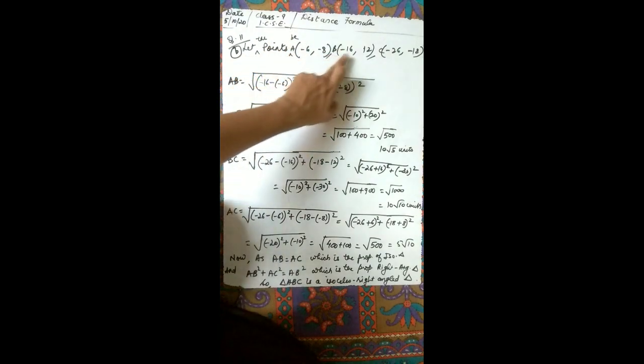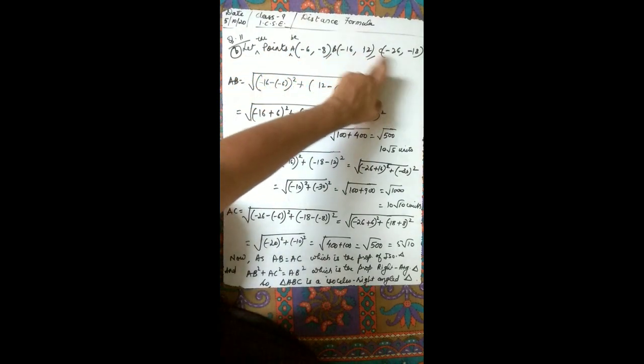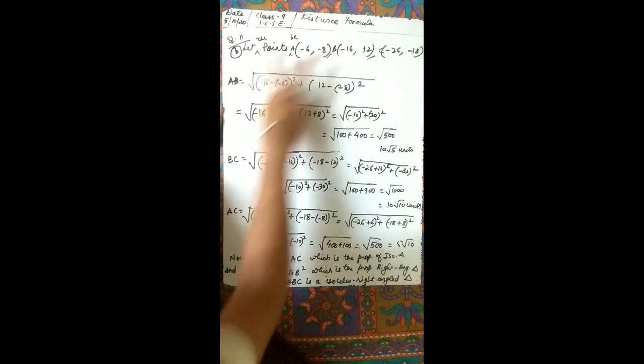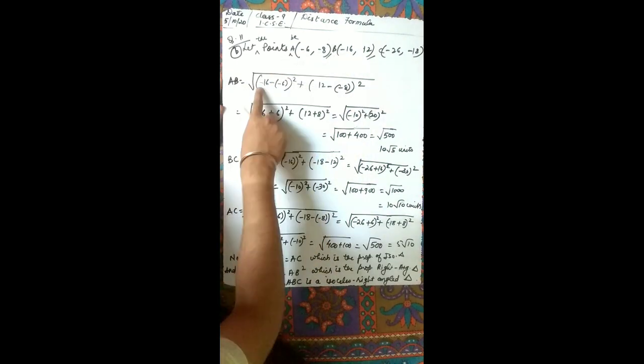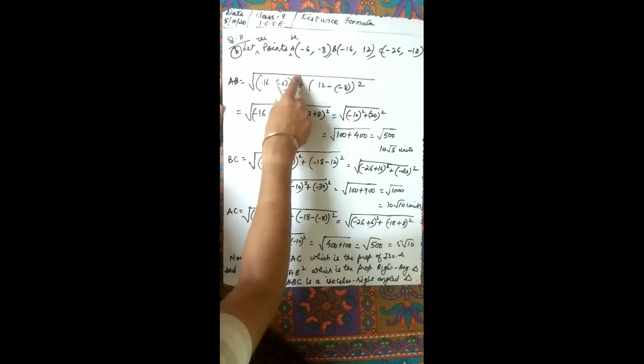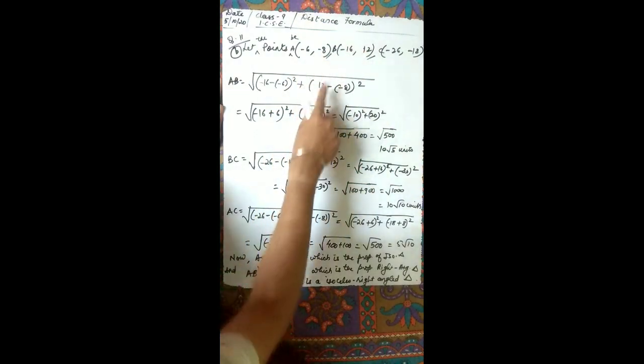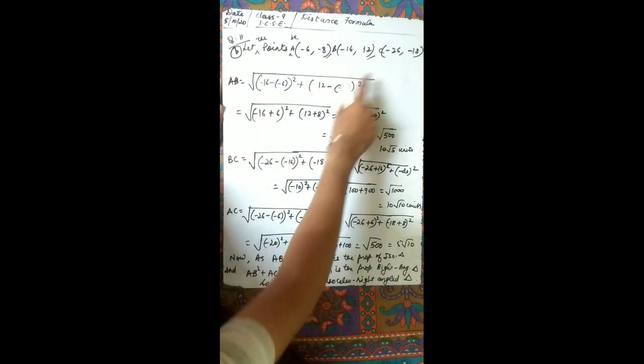Okay, so let us understand. Let the points be A(-6, -8), B(-16, 12), and C(-26, 18). These are the points given in the question. First of all, let us find AB. x2 minus x1, so minus 16 minus 6, the whole square plus 12 minus 8, the whole square.